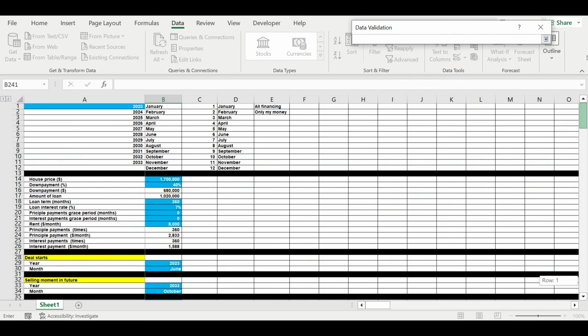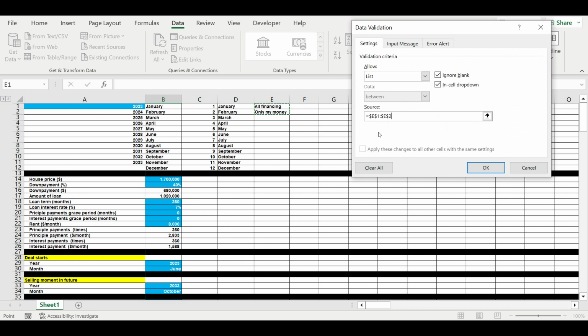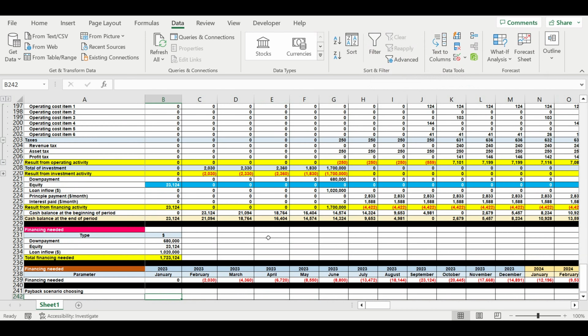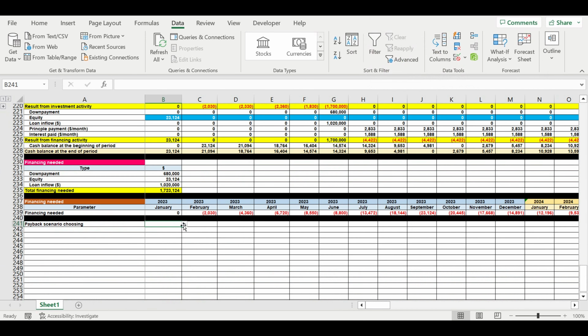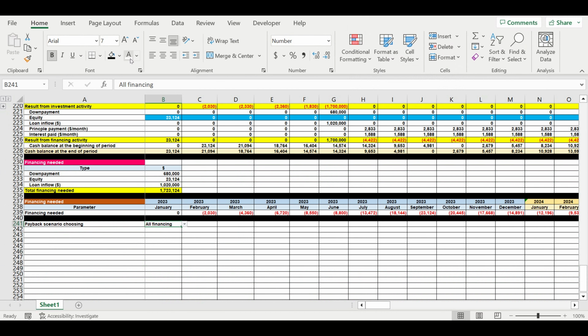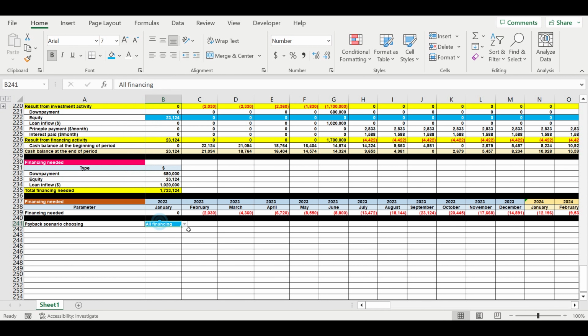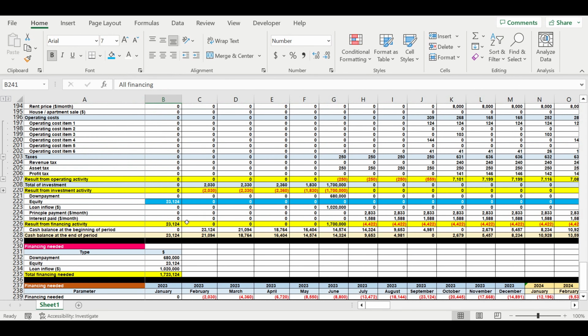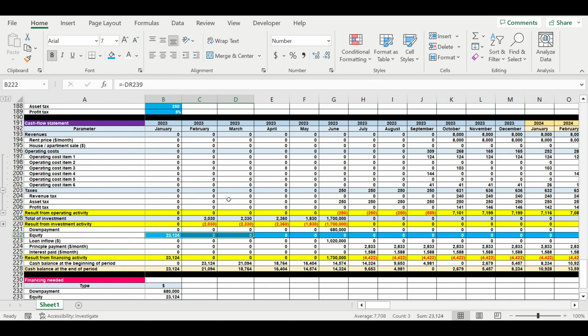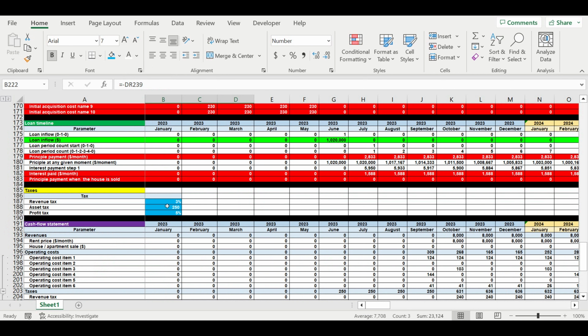I will go up, and I will be using these two values as the input. These are the inputs, so I'm coloring these cells with a specific color. So these are the inputs, these are the inputs when we are placing them manually.